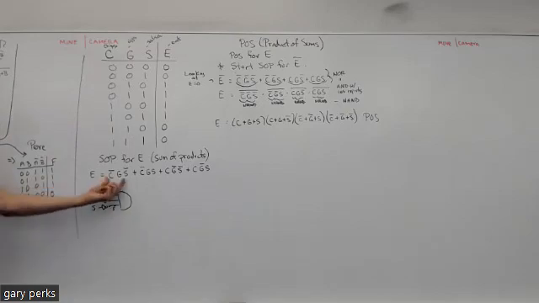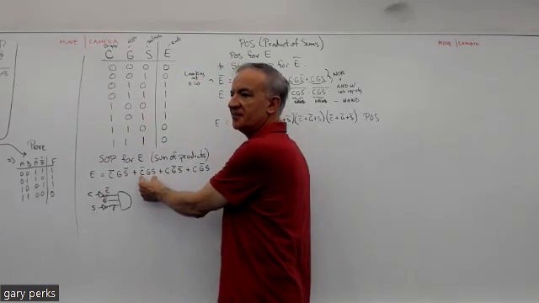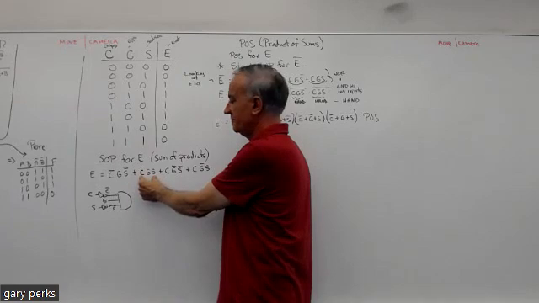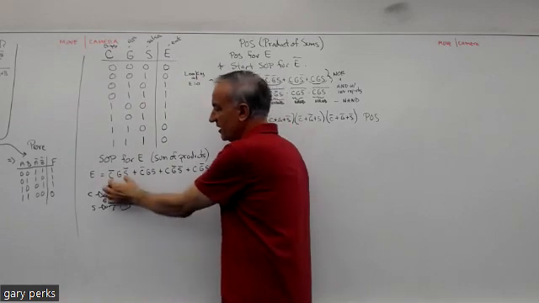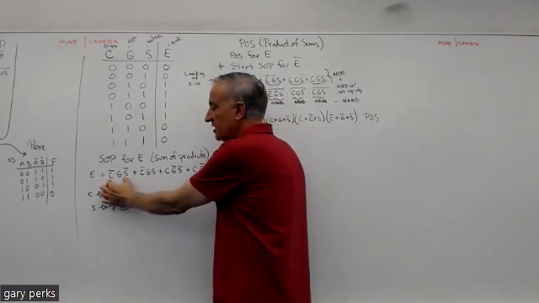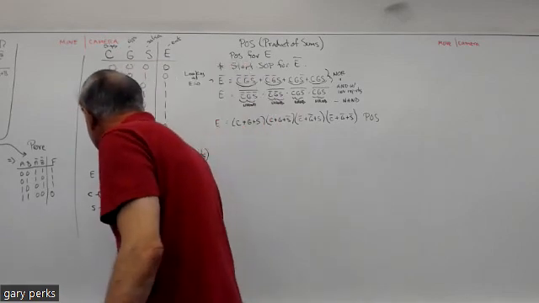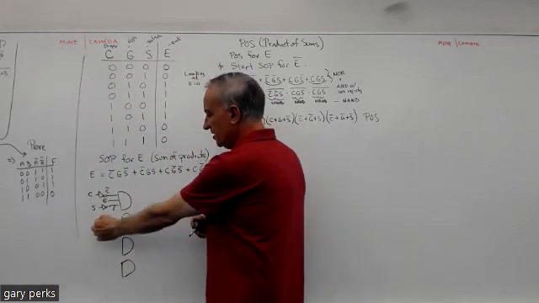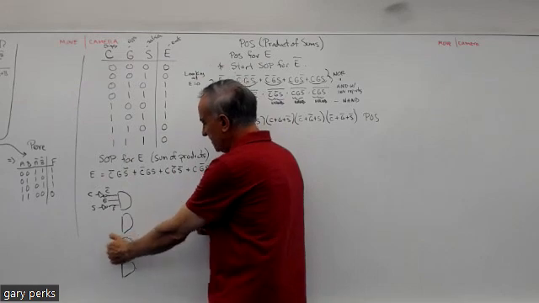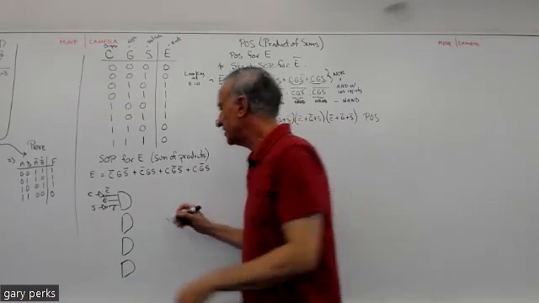So you see that this is an AND gate. What's this term? What kind of gate? Hey, that's another AND gate. In fact, we have 4 AND gates right here, right? Because to get this term, we need an AND gate that ANDs these 3 together, and then we need another AND gate. So you see we're going to have 4 AND gates. You'd have not C, G, S. You'd have C, not G, not S. We have C, not G, S going into that one.